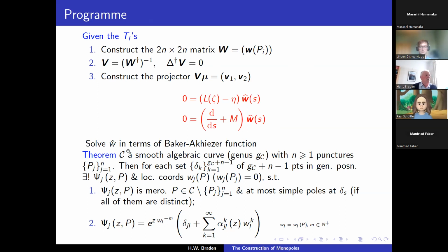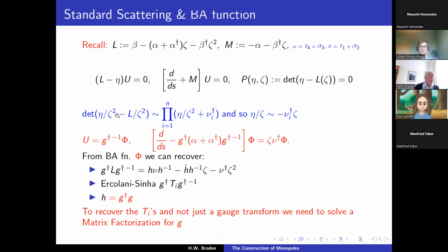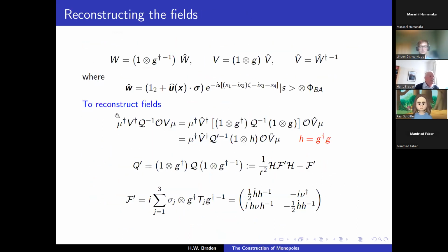And for us, that's going to be the points above infinity, where the exponential of eta over zeta is a singularity.